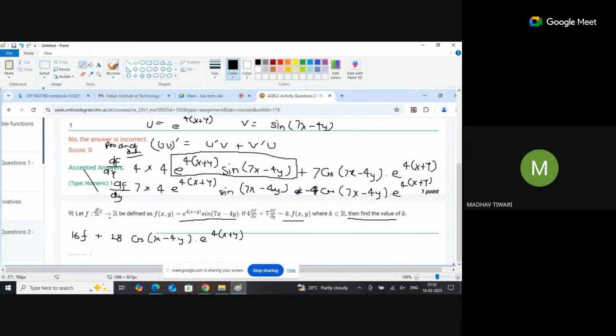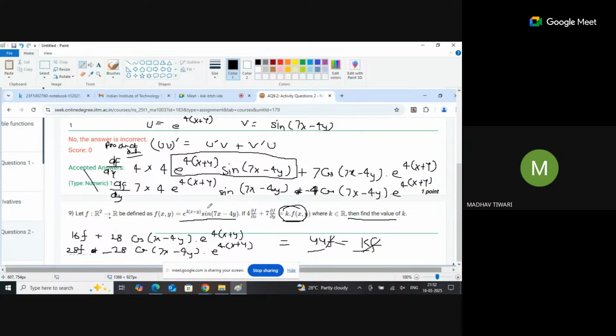And then if I multiply 7 to this, it will be 28f minus 28 cos 7x minus 4y dot e raised to the power 4x plus y. So if I add these two, the second term will get cancelled out and it will be equal to 16f plus 28f, that is 44f. It is given as k times f, so kf. If I cancel this f, I got k equals 44.